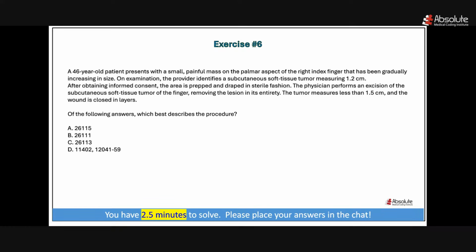On examination, the provider identifies a subcutaneous soft tissue tumor measuring 1.2 centimeters. After obtaining informed consent, the area is prepped and draped in sterile fashion. The physician performs excision of the subcutaneous soft tissue tumor of the finger, removing the lesion in its entirety. The tumor measures less than 1.5 centimeters and the wound is closed in layers. Okay, coders, your time begins now. I'm sure you will place answers before 2.5 minutes and then we will review it.